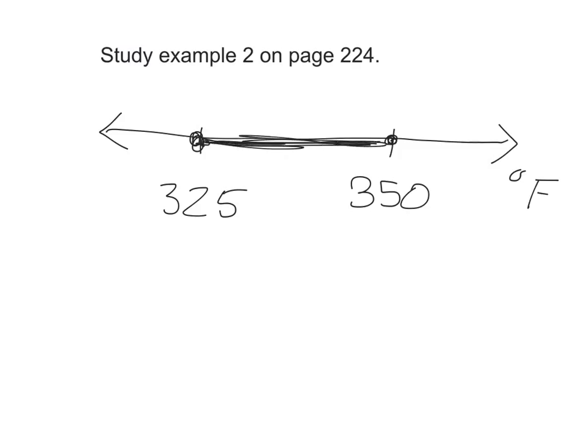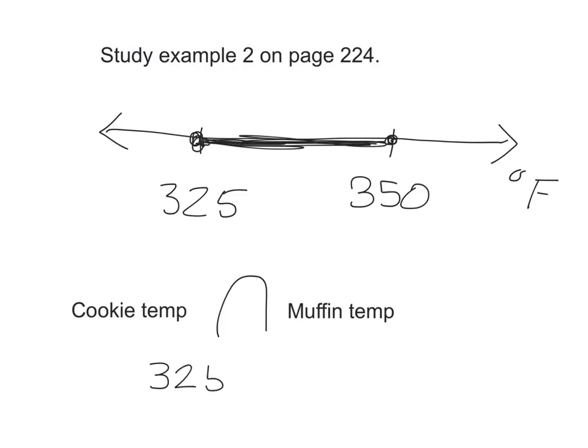So this would be our final answer of the intersection of baking cookies and muffins at the same time. So the solution to cookie temp intersect muffin temp is 325 ≤ degrees Fahrenheit ≤ 350. This is your inequality, and this is your graphed number line.